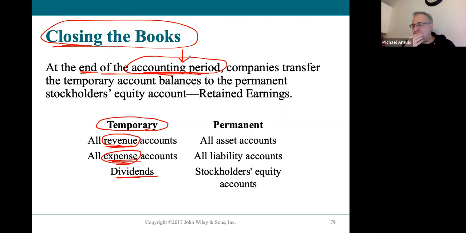Think of it as you age. If you're having a hard time understanding how things close, think of your age. When you were 16 years old, you turned 16 on a particular day, and you were 16 for a whole year. The very next birthday marks when you turned 17. Well, then in this case, the accounting period is all those days that you were 16 years old.